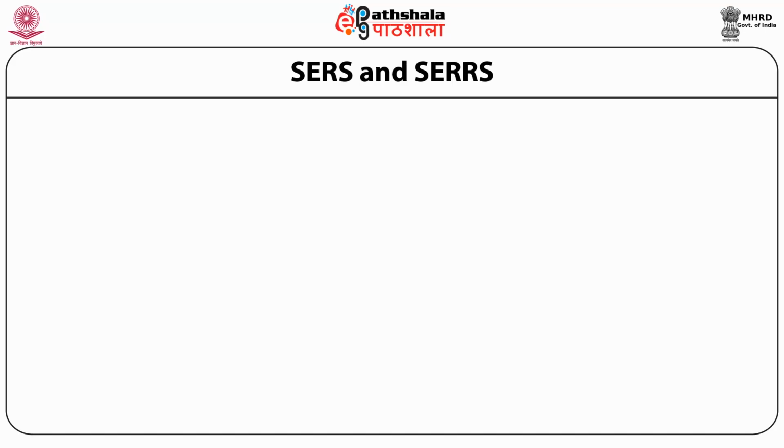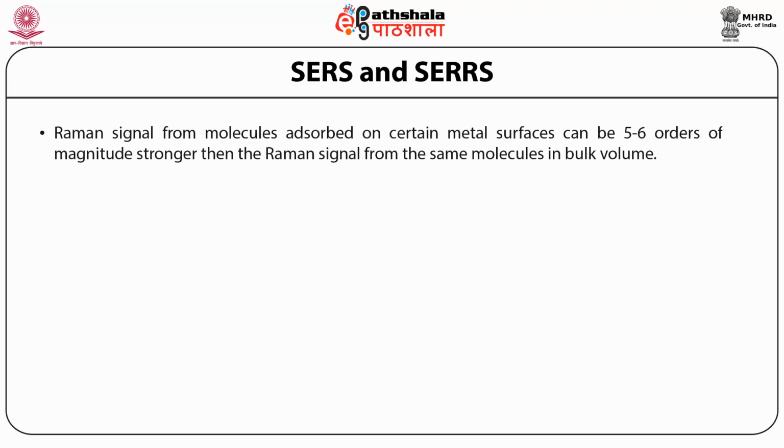Surface enhanced Raman spectroscopy utilizes the following effect. Raman signal from molecules adsorbed on certain metal surfaces can be 5 to 6 orders of magnitude stronger than the Raman signal from the same molecule in bulk volume.